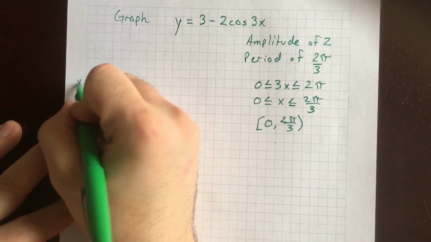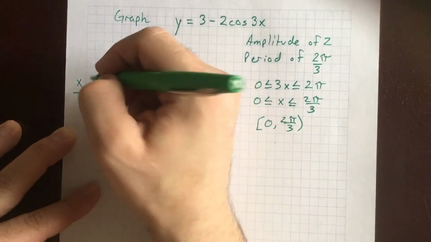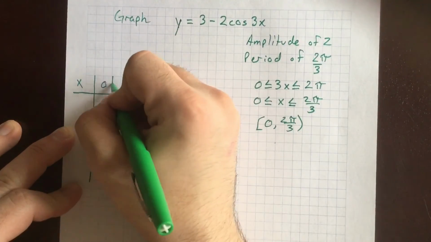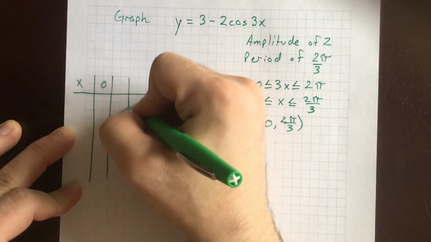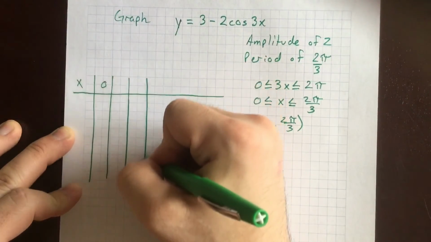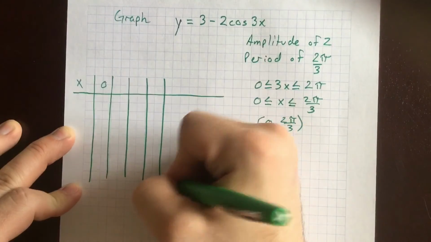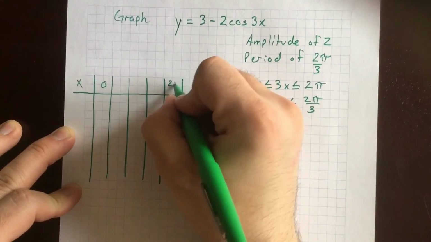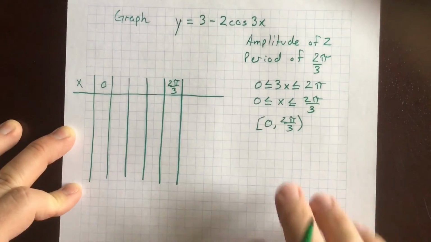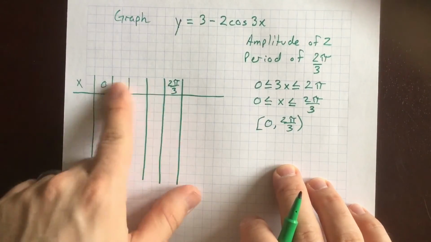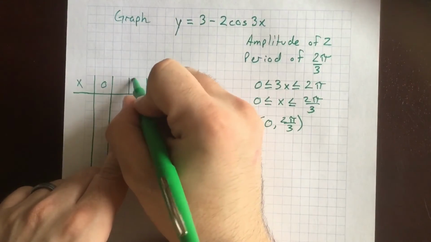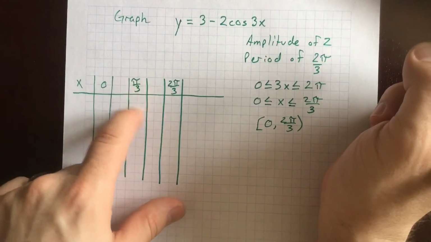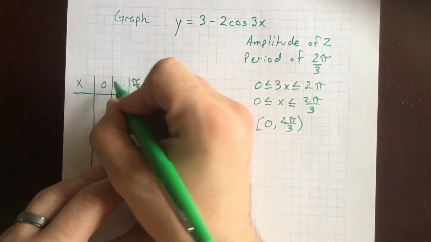So let's say we have x, again, like always, and we're starting with 0, 2, 3, 4, one more. I believe one more. Yes. And 2 pi over 3. Okay, so 2 pi over 3 divided by 2 is pi over 3. Then halfway between 0 and pi over 3 is pi over 6.